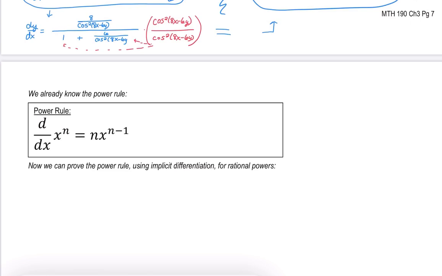So what we're going to do is prove the power rule, but this time what we're talking about is for rational powers. So this is our power rule, and we're going to prove it for rational exponents.